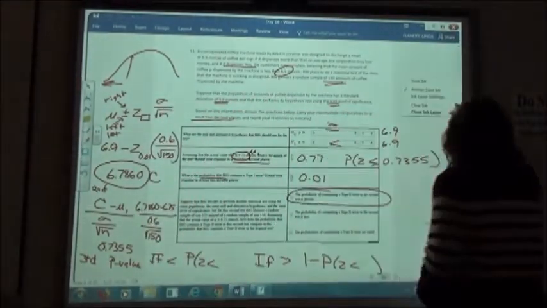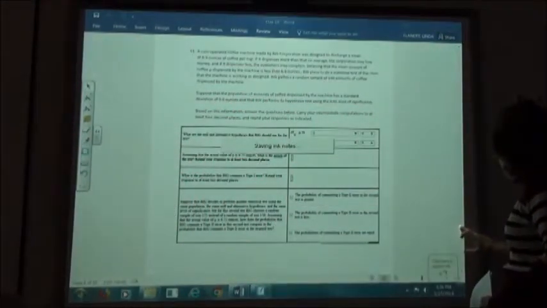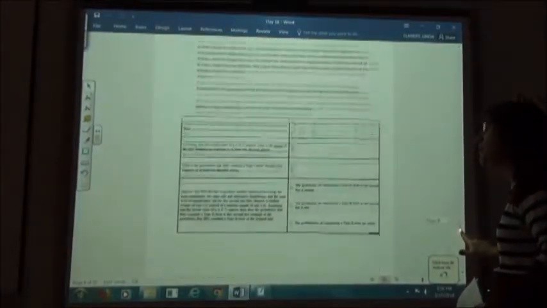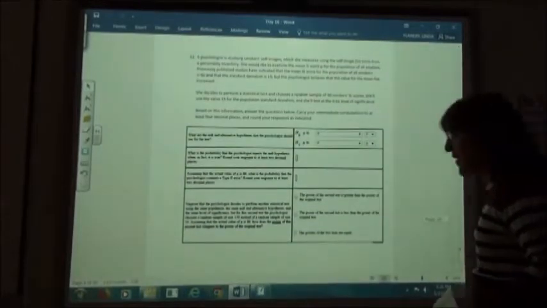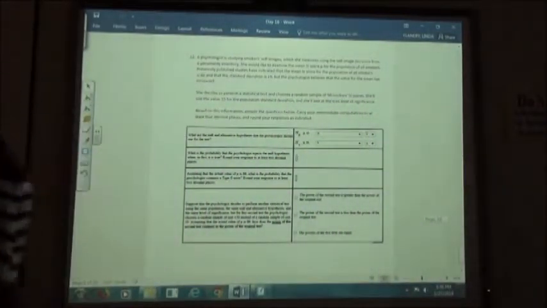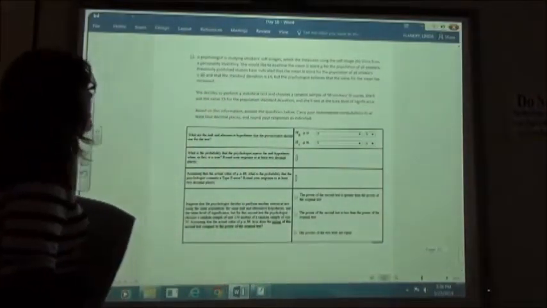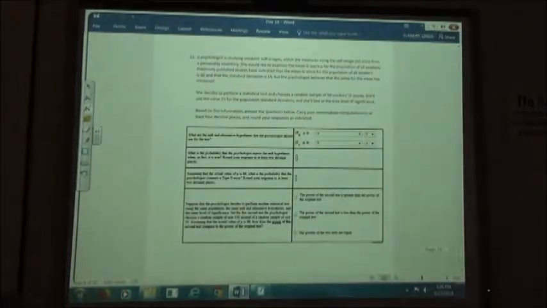All right. Last one on here. Again, these are really long because they're just doing everything that we did. If you can just do this one question right on the test, they wouldn't have to ask you a whole bunch of other things. Number 12 here. A psychologist is studying a smoker's self-image, which she measures using the self-image score from a personality inventory.